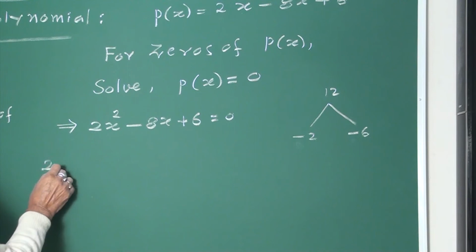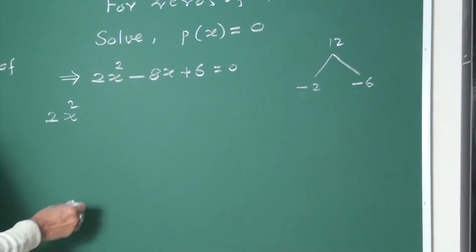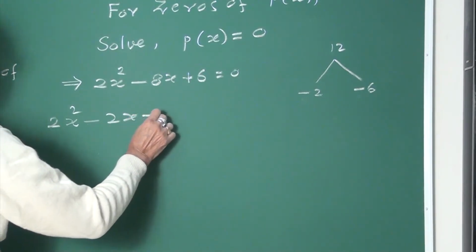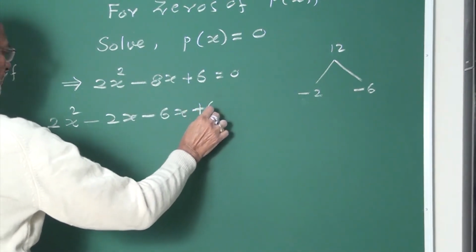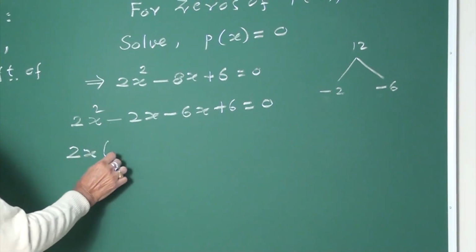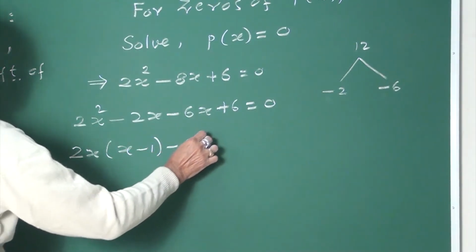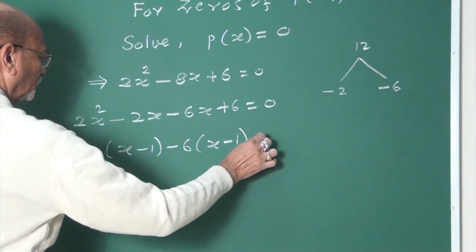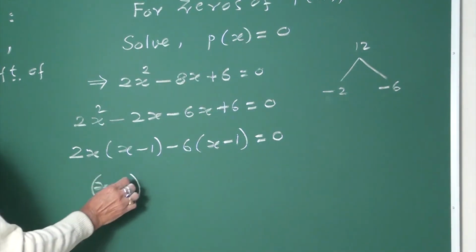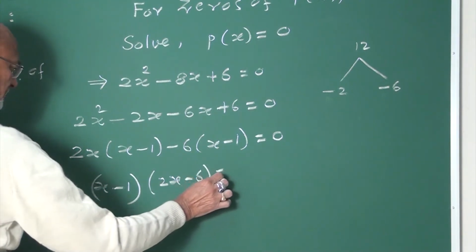Now you know the rest. It is 2x square minus 2x minus 6x plus 6 equal to 0. 2x is common: 2x(x minus 1) minus 6(x minus 1) equal to 0. From this, it is (x minus 1)(2x minus 6) equal to 0.